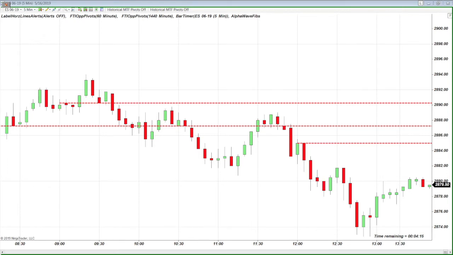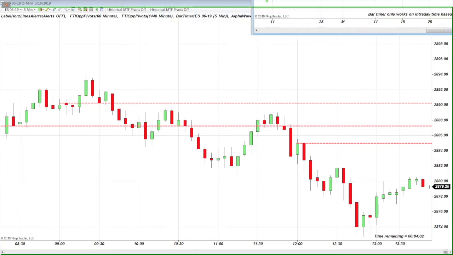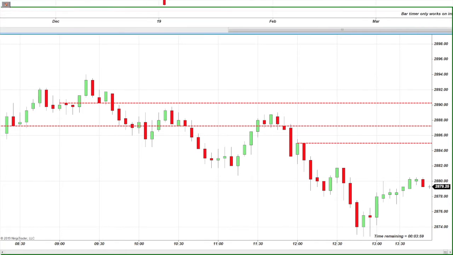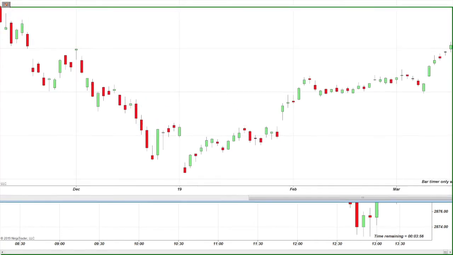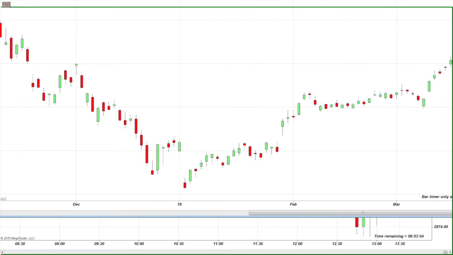If I convert this chart to any other chart, no one in this room will ever identify what chart we're looking at. What is this? No one knows. No one will ever discover what is constant between these two charts. Price action patterns. They are identical.